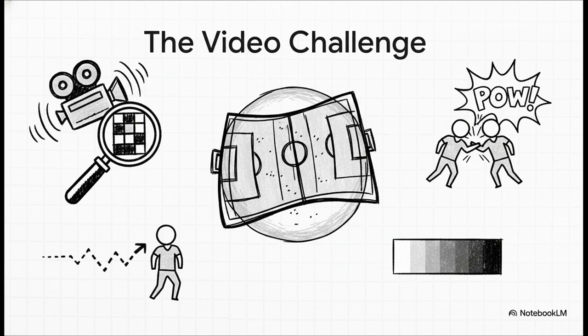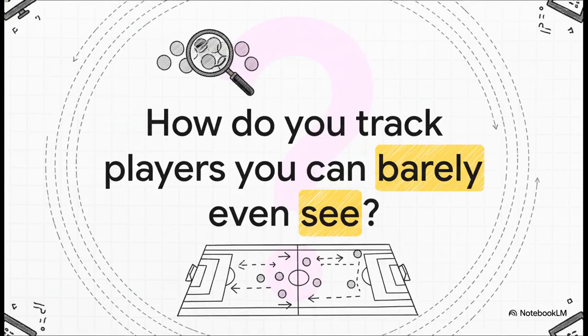The camera lens itself is warping the picture, and that's before you even get to the players, who are moving in these chaotic, unpredictable ways, crashing into each other and blocking the camera's view. Seriously, any one of these things would be a total nightmare for a computer vision system back then, and they had to solve for all of them at once. So it all comes down to this really fundamental question, right? How do you track players you can barely even see? You can't understand the strategy of a play if you don't even know where the players are.